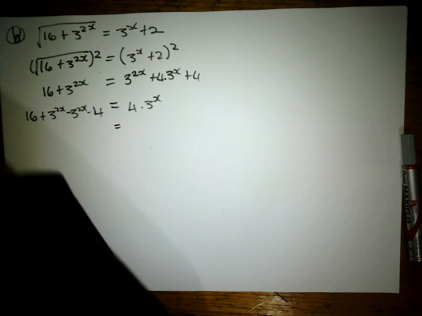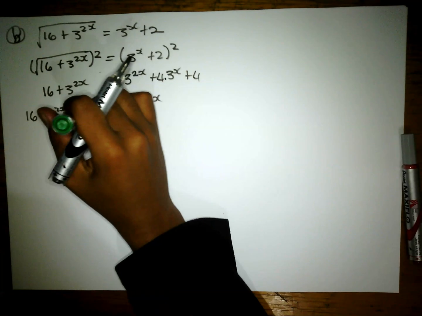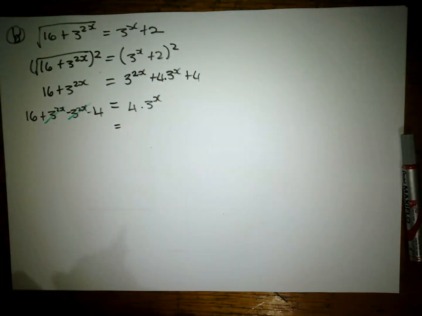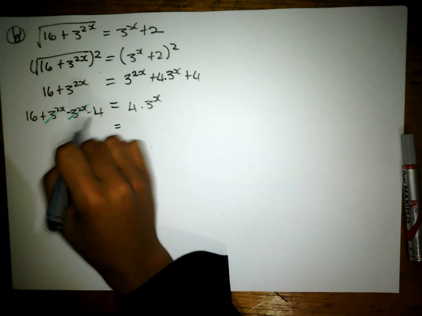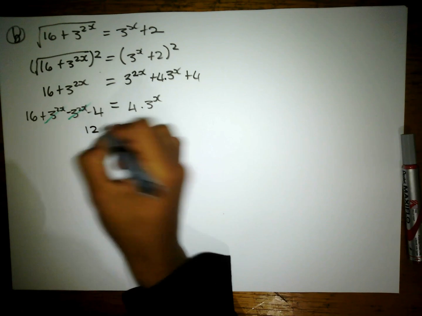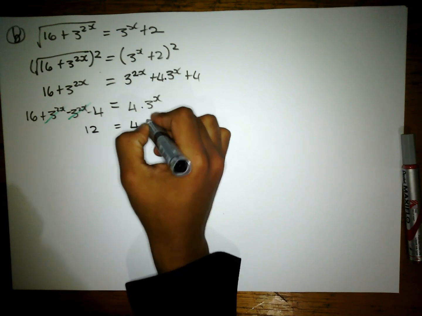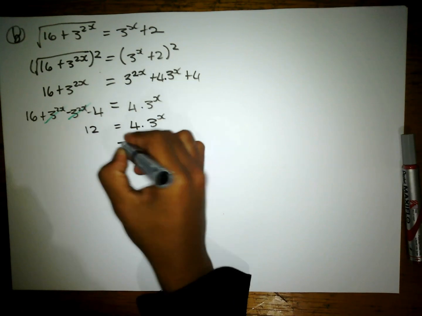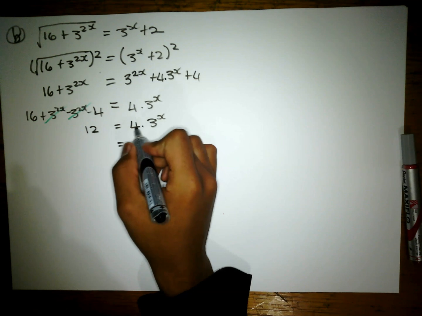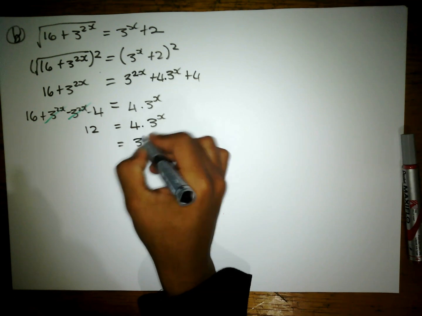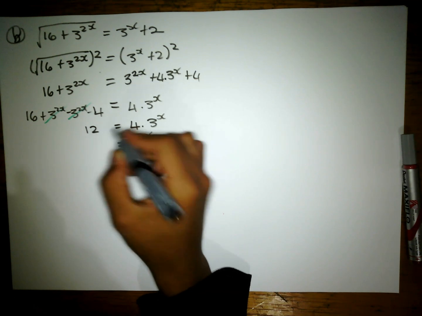So that will cancel with that one. 4 minus 16 is 12. Minus 4 times 3 to the x. Divide by 4 here, you're left with 3 to the x. Divide by 4 over here, you're left with 3.